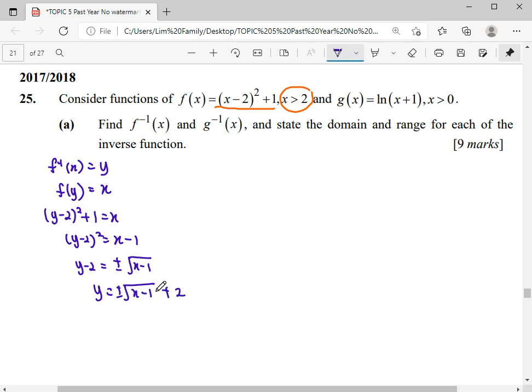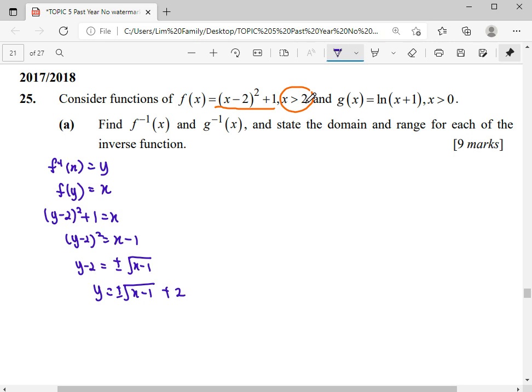So here we have two answers. Positive square root of x minus 1 plus 2. Another answer, negative square root of x minus 1 plus 2. So look back on our condition here. Our quadratic, this part, they are taking the right hand side part because x greater than 2. Right hand side part means our y value will be taking the positive answer, because most of the things when we go to the right hand side, it is positive.